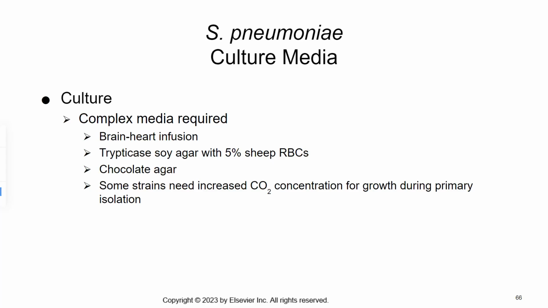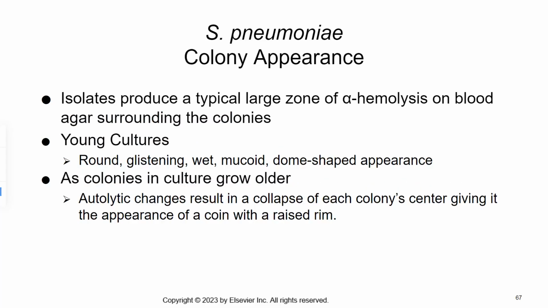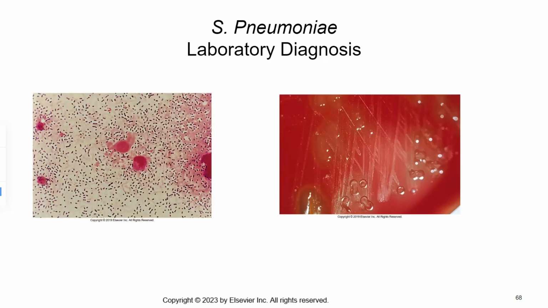Some strains need increased CO2 concentration for growth during the primary isolation. Isolates produce a typical large zone of alpha hemolysis on blood agar surrounding the colonies. Young cultures are round, glistening, wet, mucoid, dome-shaped. As the colonies get older, autolytic changes result in the collapse of each colony center, giving it the appearance of a coin with a raised rim. So this is a picture of it under the microscope, and then here's a picture of the colonies.